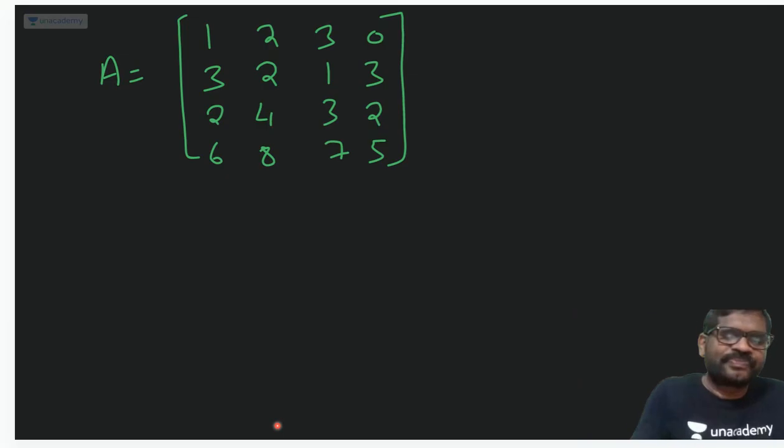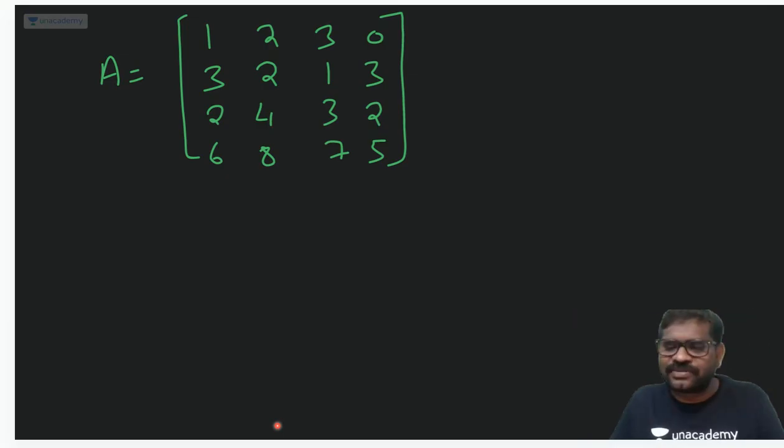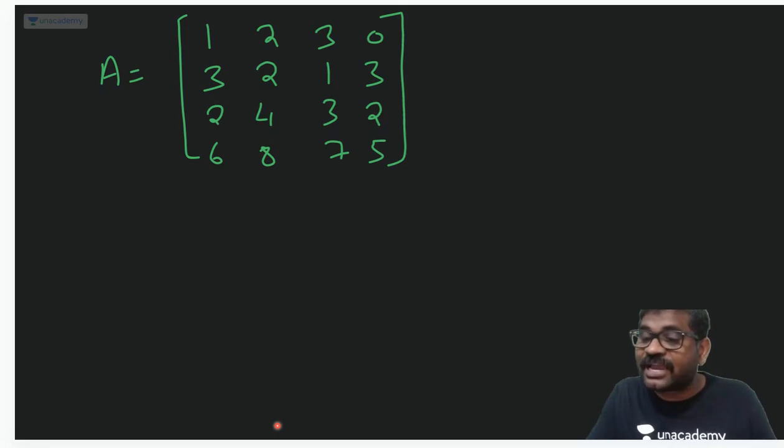Now, is it in echelon form? Mr. Vineet, you have to wait. It is not in echelon form. We have to reduce it into echelon form by using suitable operations. Okay? Consider.